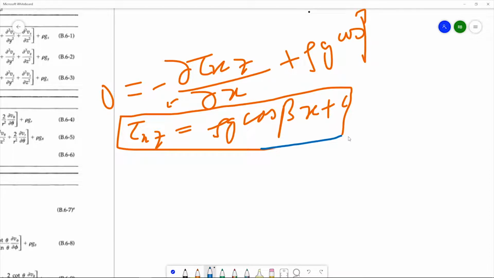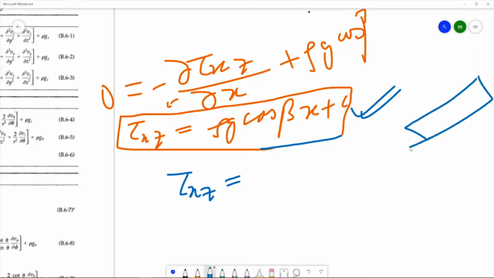Now you have to apply a boundary condition to remove this constant of integration, right? So in the falling film problem, where is the shear stress 0? If this is the falling film problem, so this is your plate wall, so the shear stress is 0 at the air and liquid interface, right?